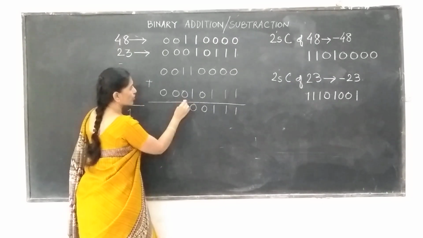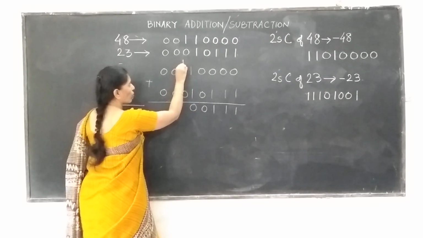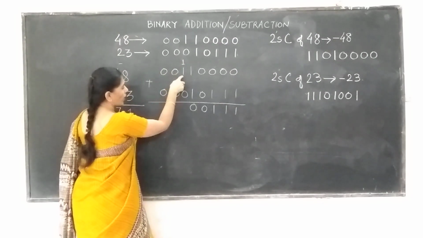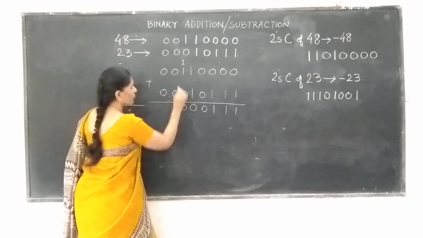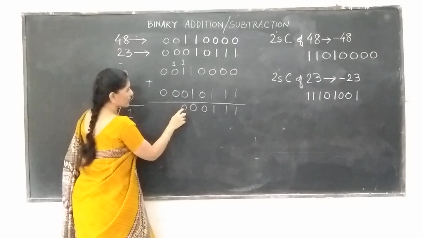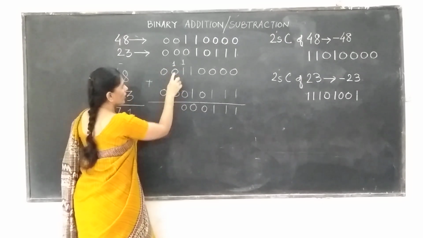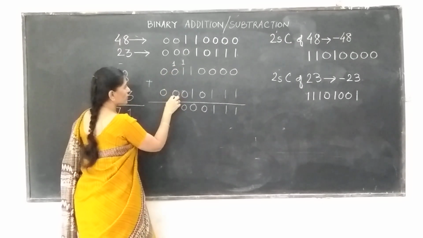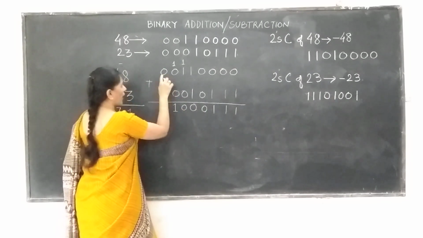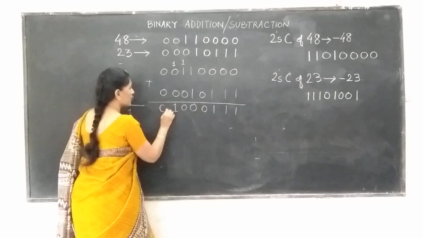So a 0 at this position and a carry over here. Then 1 plus 1 is again a 2, so again a carry, that means 1 and a 0. Then 1 plus 0 is a 1 and 0 plus 0 is a 0.